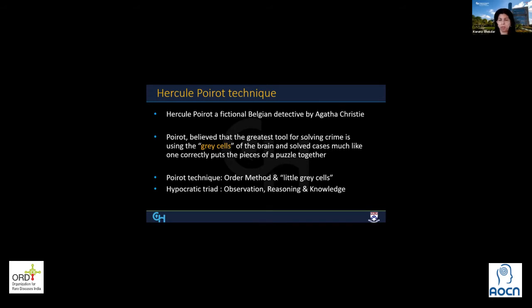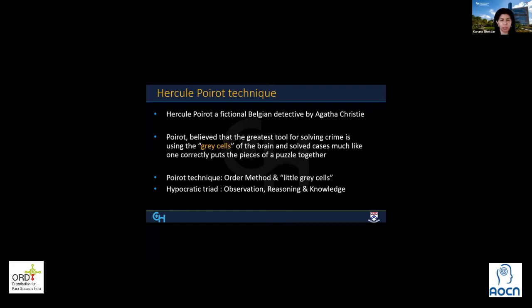We have a lot of things to remember in medicine, and I think the best way to remember them is by associating them with some things that you can never forget. And one of the things Poirot always believed is that the best tool to solve all his mysteries and criminal cases was by using the gray cells of the brain. The way he approached solving a case is pretty much like putting pieces of a puzzle together, and that is really what we do when we are evaluating gray matter disorders, to arrive at some difficult diagnoses, which are pretty challenging unless you put these pieces of the puzzle together.